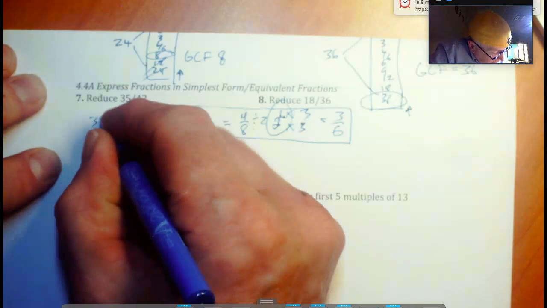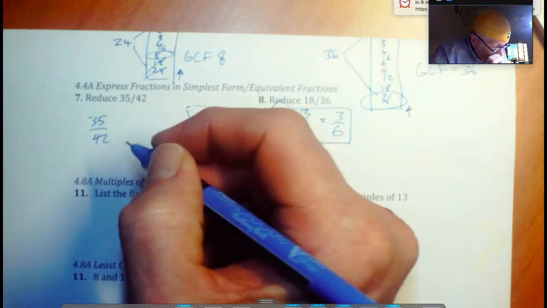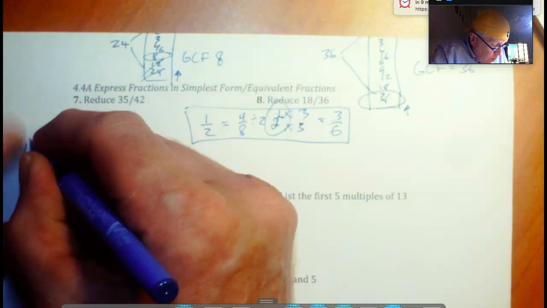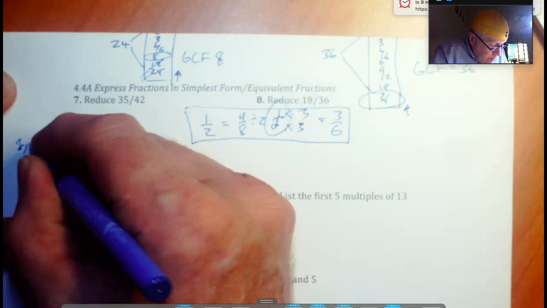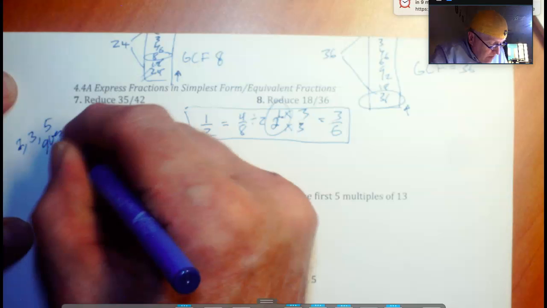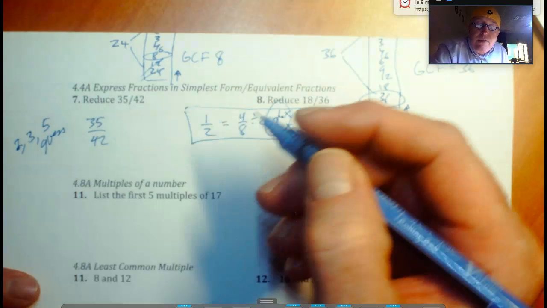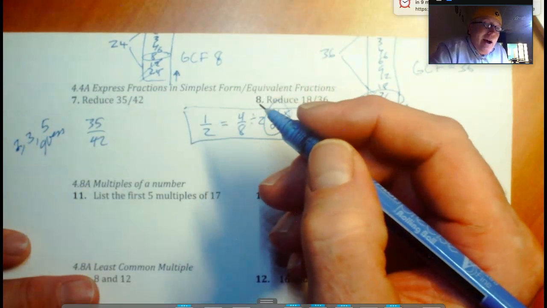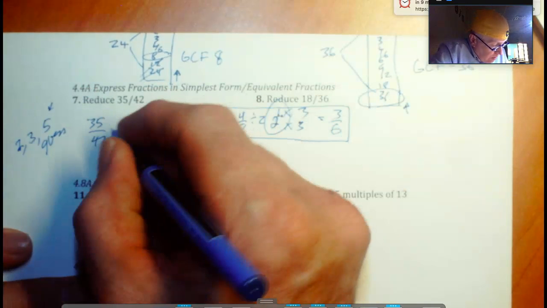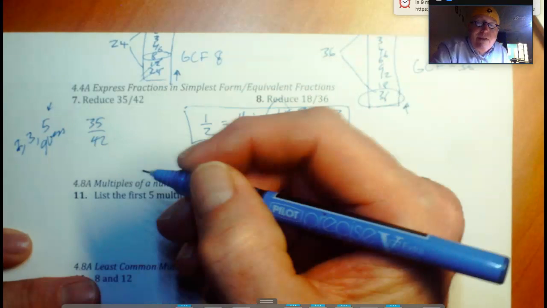So we got 35 over 42 here. You have to look for what numbers go into them. If I don't know, I start with 2, and then 3, and then 5, and then I just start guessing. In this case, 2 and 3 don't work, and 5 goes into 35 but unfortunately doesn't go into 42.